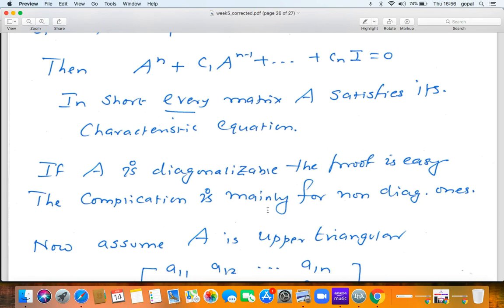In other words, a matrix satisfies its own characteristic equation. This is called the Cayley-Hamilton theorem.